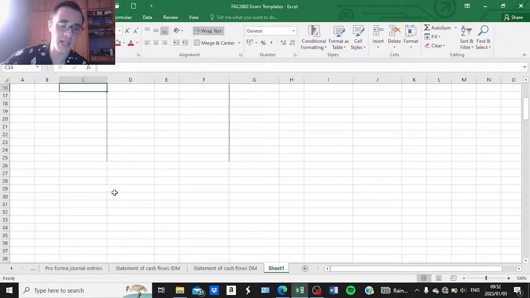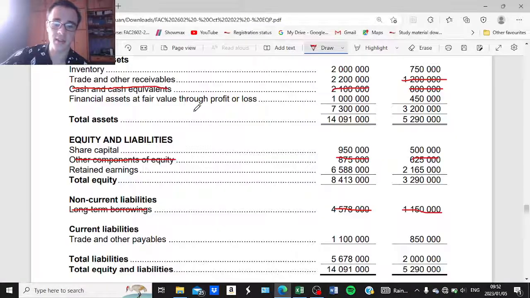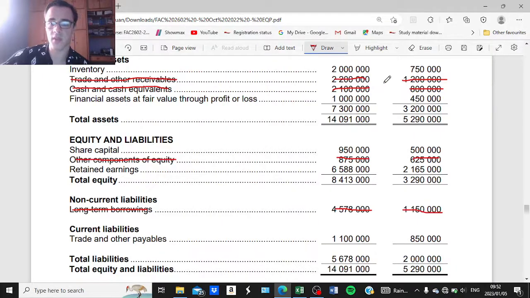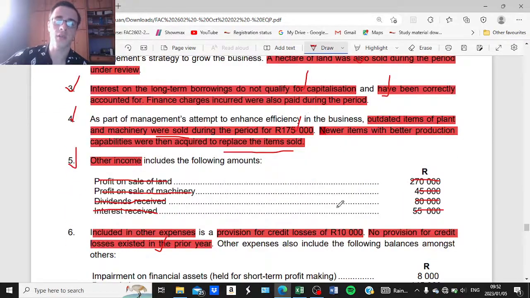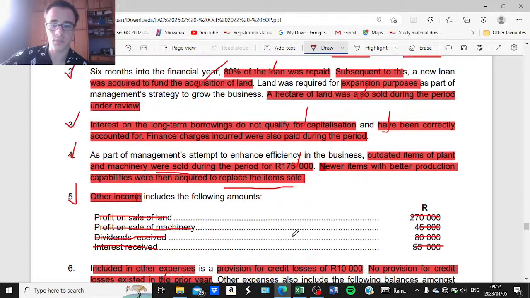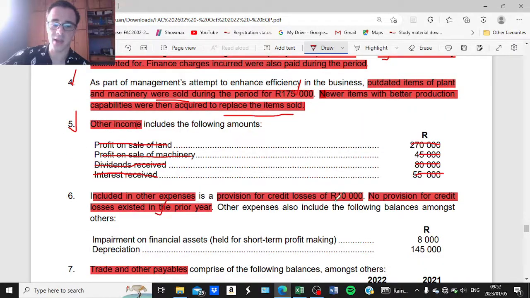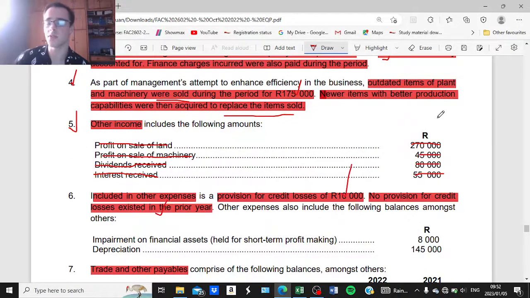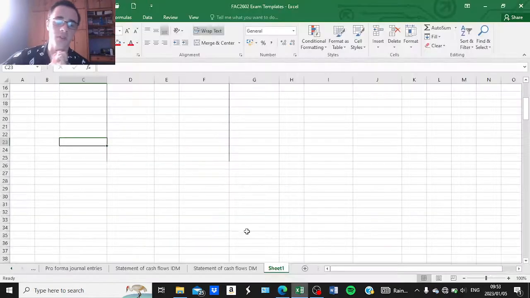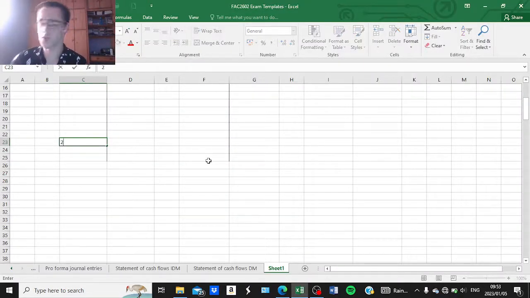So we will do that by taking the closing balance for trade and other receivables amounting to 2.2 million, and then we need to add back the allowance for credit losses amounting to 10,000. And this should give you, logically, 2,210,000.